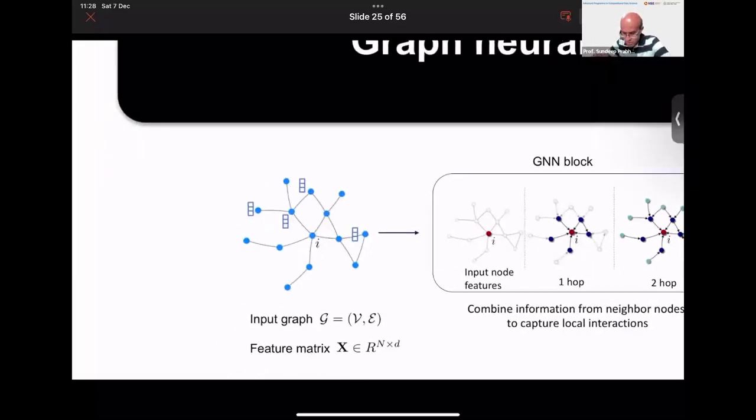So for starters, what is a graph? A graph is basically a collection of nodes like what we see here, and each node will have an attribute. So there will be a feature vector associated with each of these nodes. What we would like to do is process this graph structured data, including the features, and solve very simple problems like, for example, whether there is a link between these two nodes.